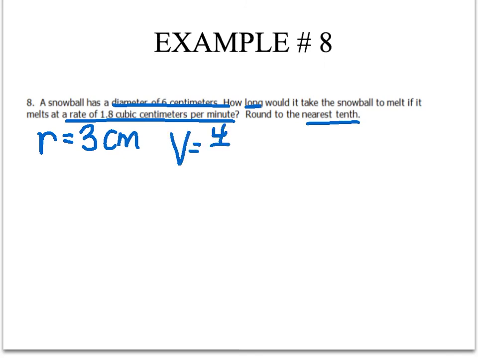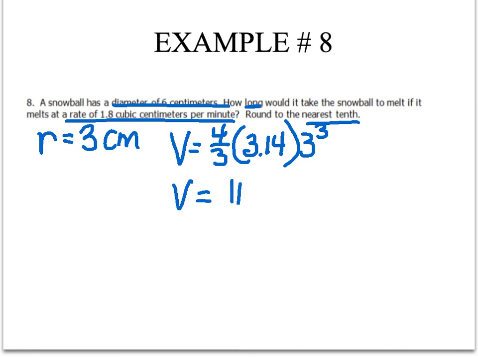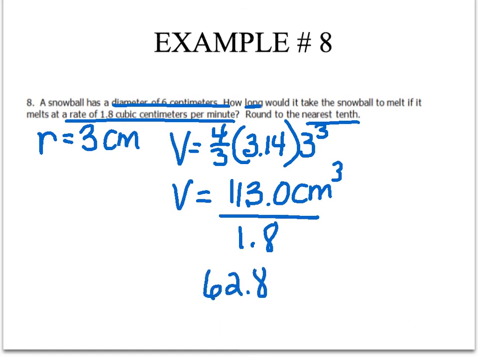So I need to find the volume of the snowball with a radius of 3, and the volume is 113.0 cubic centimeters. That's my rounded answer. I'm going to take that value and divide it by the 1.8, and that's going to give me 62.8 minutes it will take to melt, so just a little over an hour.